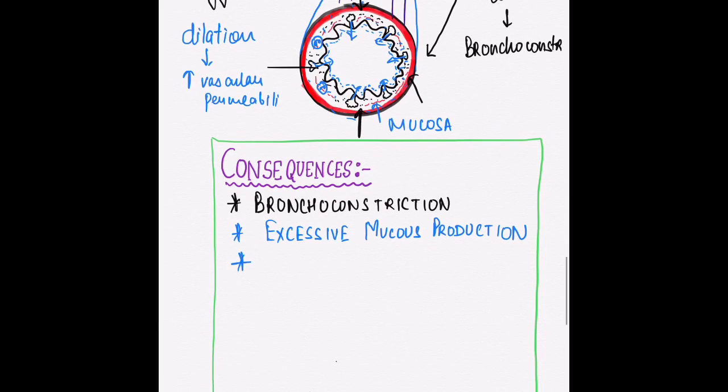So, the third consequence of the histamine on the bronchioles is that it causes the inflammation of the mucosa. Another effect of the histamine, which you forgot to write down, is the increased vascular permeability of the bronchial capillaries.